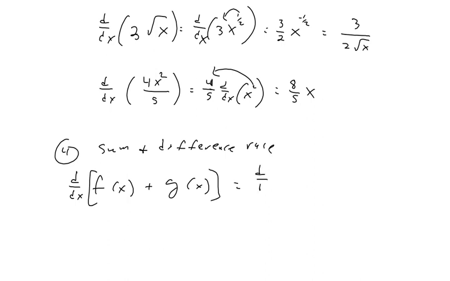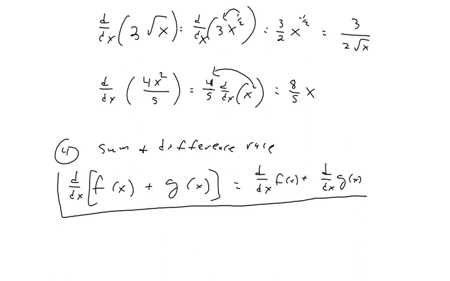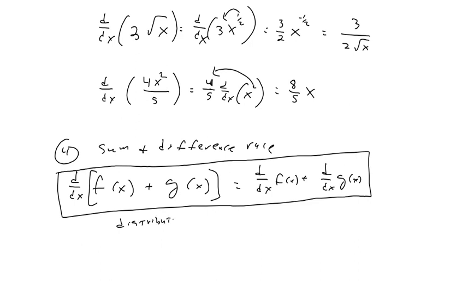Of f and the derivative of g. That's your sum and difference rule. Basically, you are distributing the derivative. You're doing the derivative of each part. Do each derivative independently.